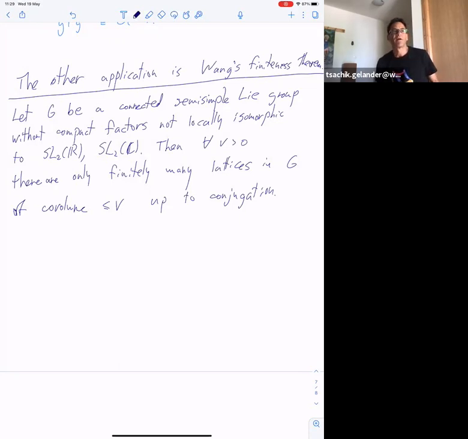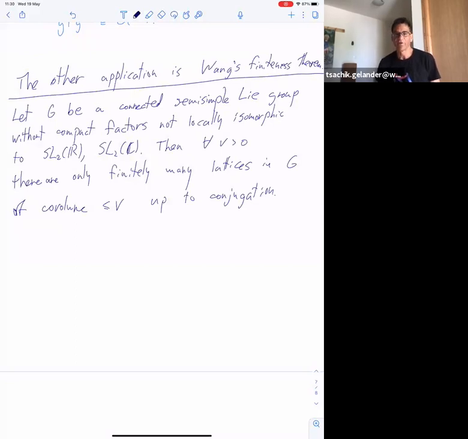You know, in mathematics, usually there are some finiteness theorems whose proofs are abstract. You prove finiteness without giving any quantitative version.